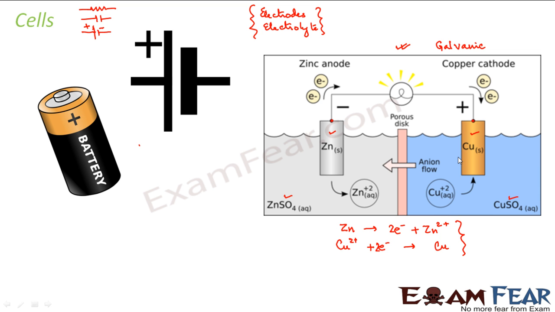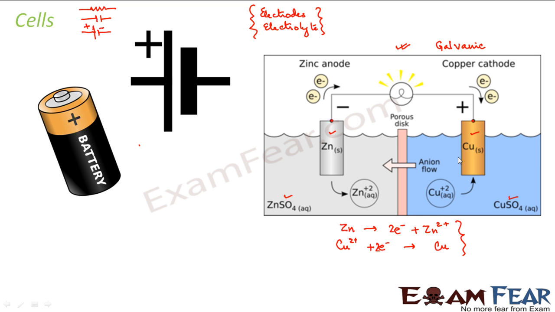Now as you look at different varieties of cells, as I mentioned the names before also, like voltaic cell, Daniell cell, dry cells or whatever, in all of them the basic functionality will remain the same, just that in those cases your electrodes will be made up of some other material. The electrolytes will be some other material.